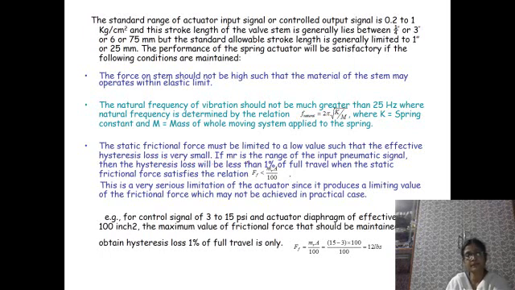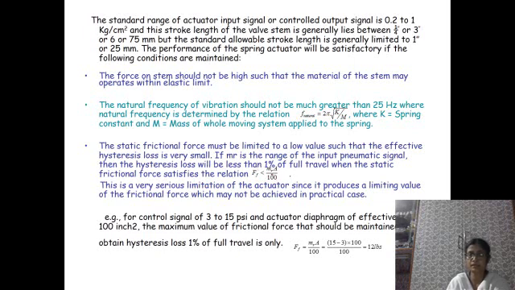So if MR is the range of the input pneumatic signal, then hysteresis loss will be less than 1% of the full travel of the static range of the valve path, when the static frictional force satisfies the relation: the frictional force FF should be less than MRA by 100.